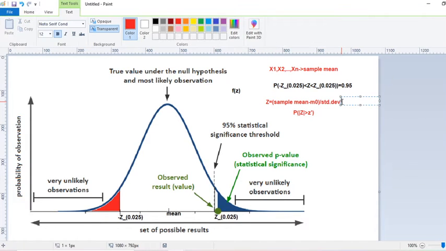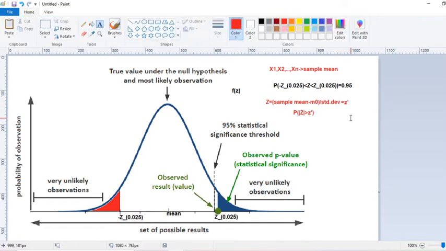Z is the random variable on the x-axis. So the probability of mod Z greater than Z dash.